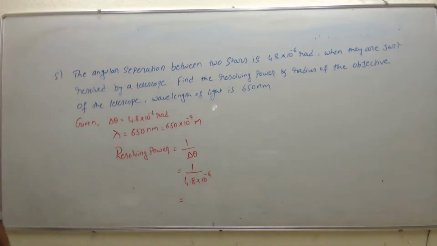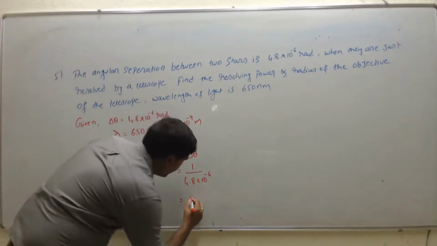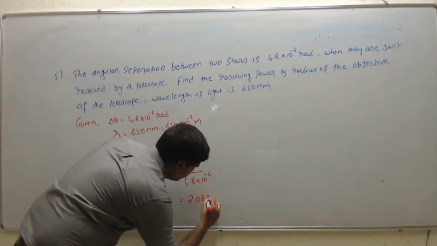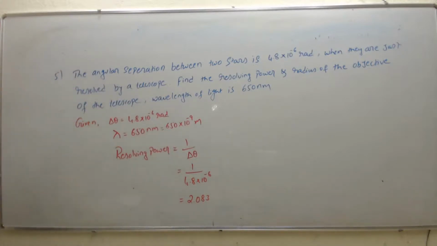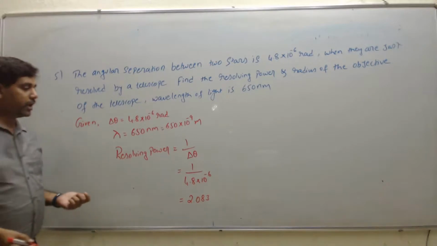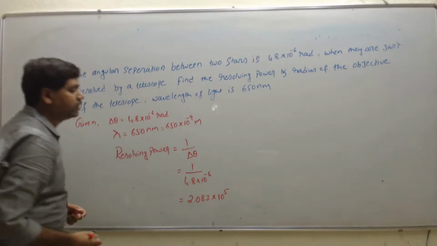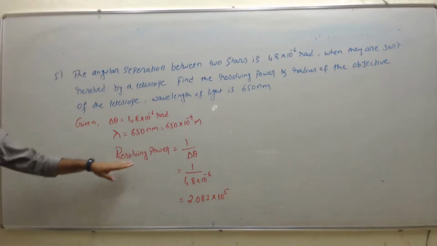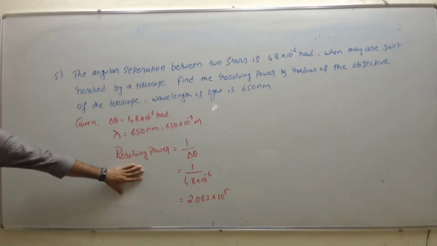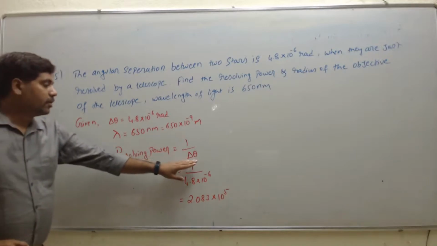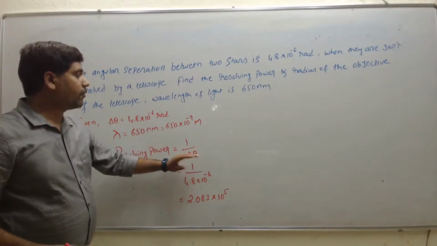So 1 divided by 4.8 becomes 2.083, so 2.083 into 10 to the power of 5. So this gives the resolving power, which is the reciprocal of the limit of resolution.